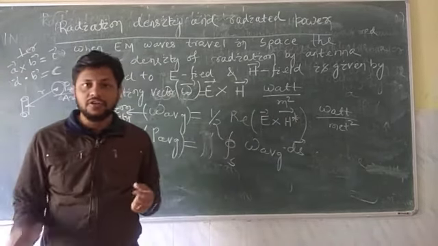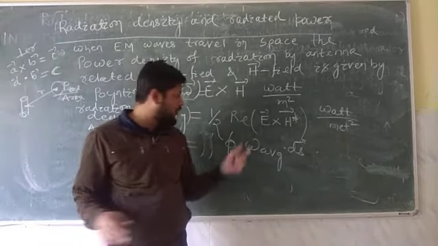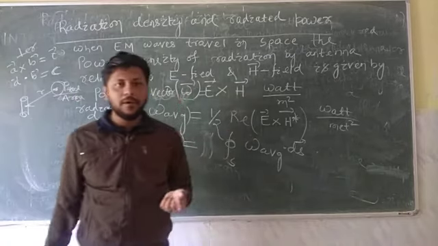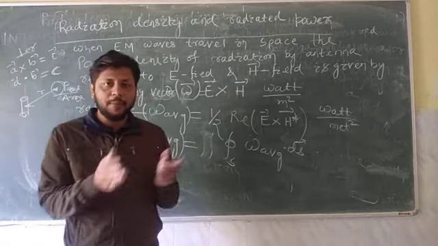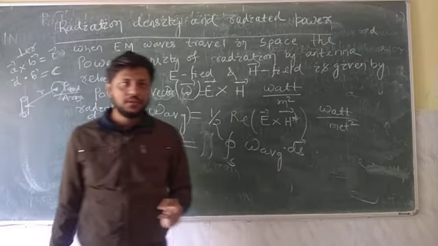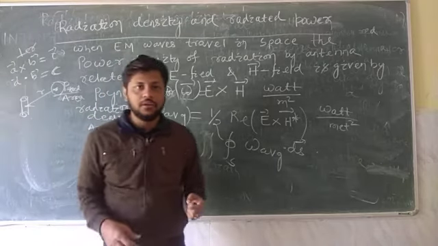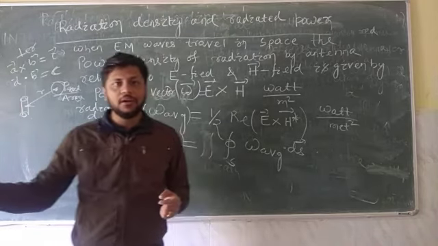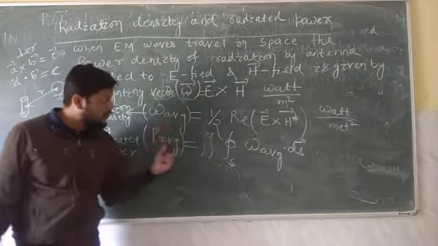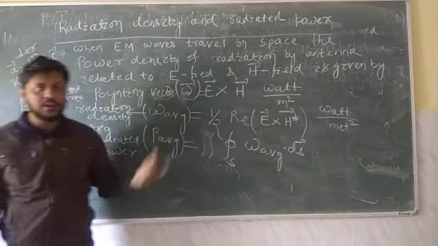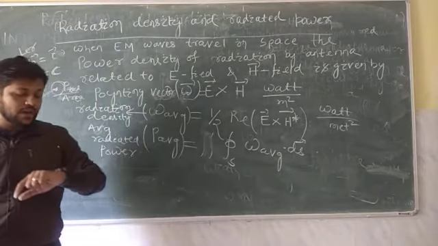Your imaginary part is not your useful power, that's why we take the real part. The real part is your average power or active power. You have already studied in network theory: active power, reactive power, complex power, apparent power. So this is known as your radiation density and how it is related to radiated power.